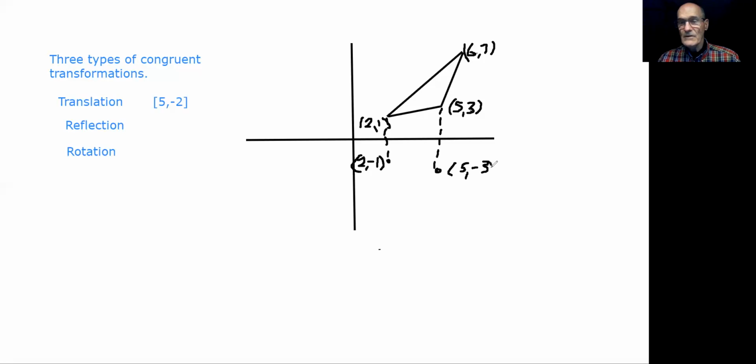Once again, the y-coordinate changes, the x-coordinate does not change. Now, if I drop this point down, I'll dash a vertical line down here so you can see about where it goes. It's down here, about 6 comma minus 7.